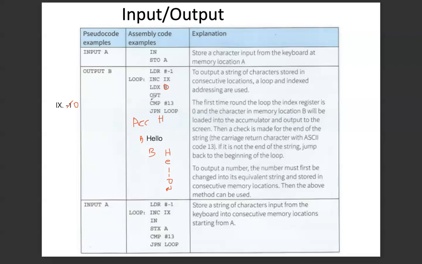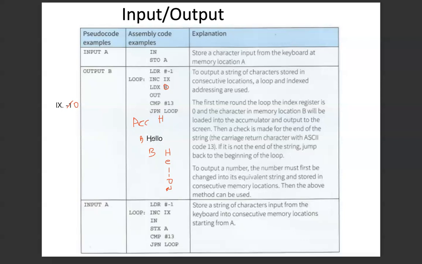I will compare the current ASCII value with the carriage return. If it's not the carriage return, that means I have not yet reached the end of the string. I just printed H, and my character is not equal to #3, so I have not reached the end of the line.